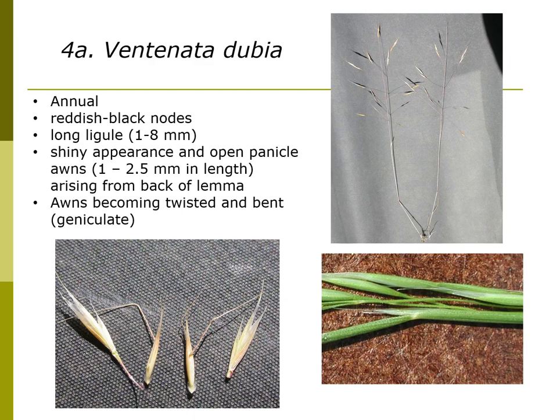Has a very loose open panicle. It's a short grass, 6 to 10 inches tall in most cases, very, kind of, I don't want to say fragile, but it has a light structure to it. It's a very small grass. Ventenata dubia doesn't look like much else that we have in our area.